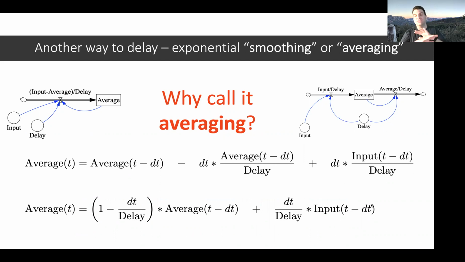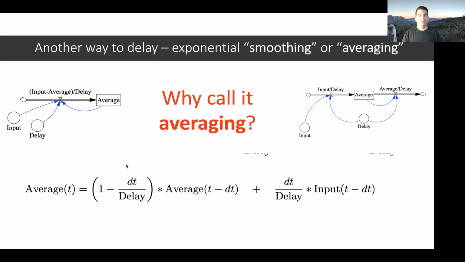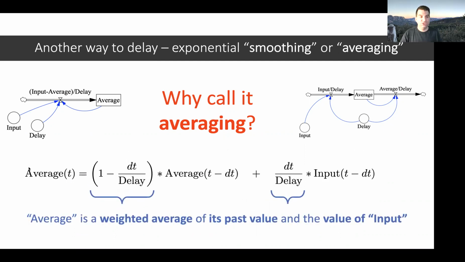So that's just algebraically rearranging this expression up here. And by rewriting it that way, it's pretty clear that the average at any time step is just the weighted average of the previous average value plus some component from the input.